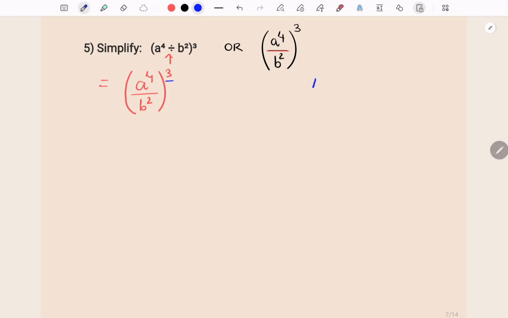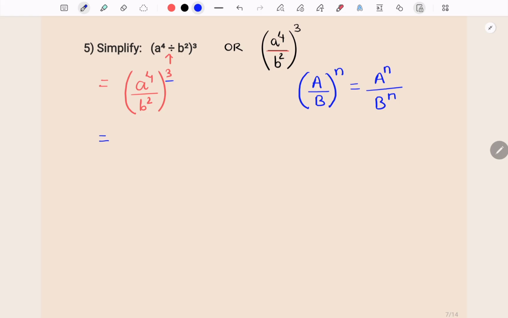In general terms, if we have a fraction a over b and I apply a power of n to it, the numerator a will be assigned this power and the denominator will also be assigned this same power of n. Okay, so now let's move to this actual question and apply the same logic here.